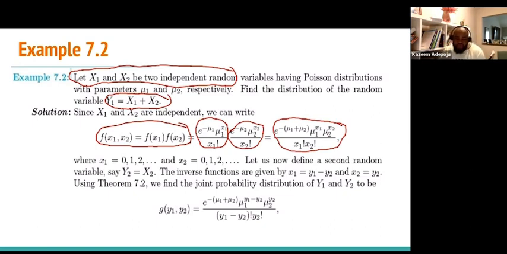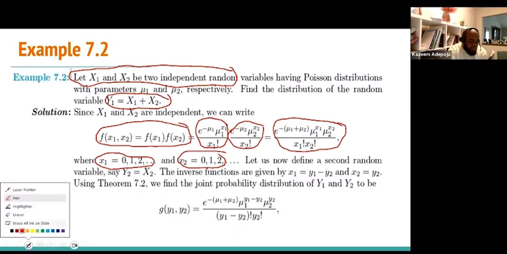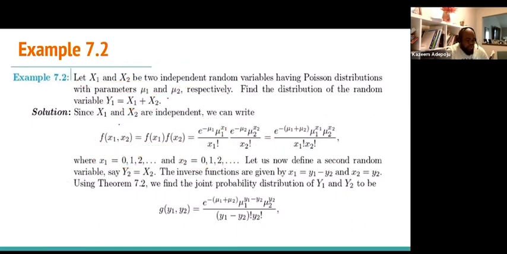Right here we give a state space for X1 and a state space for X2. But let me tell you, there's something I want you to take notes on. You want to go from x1, x2 to y1. That is not possible.